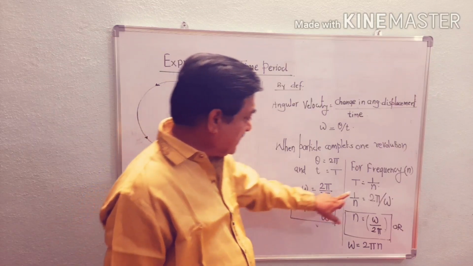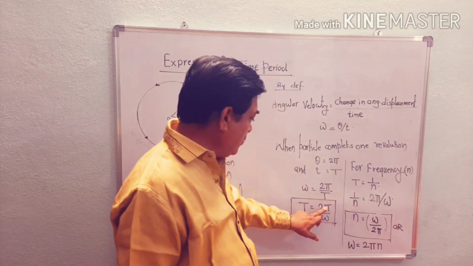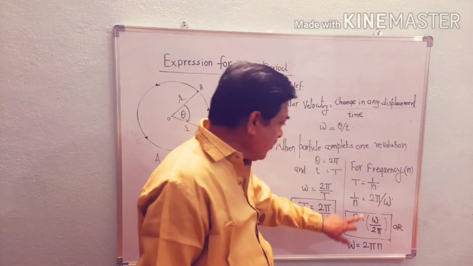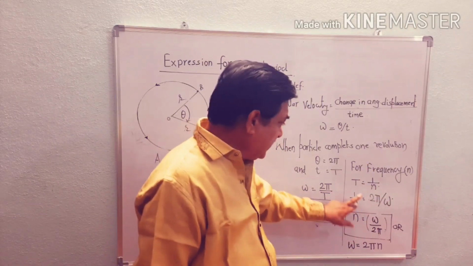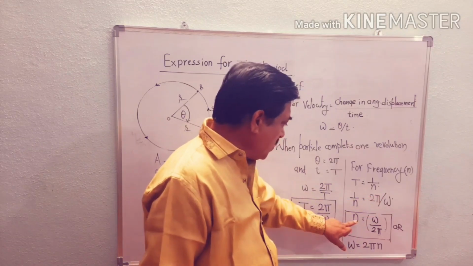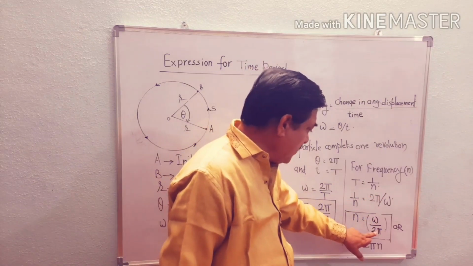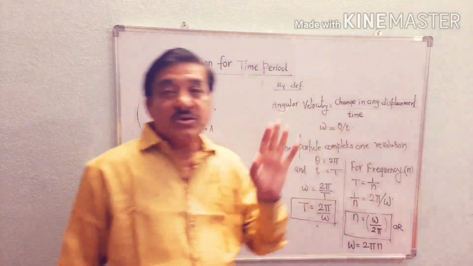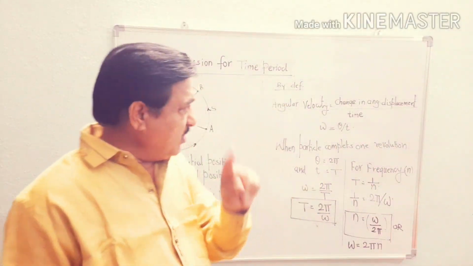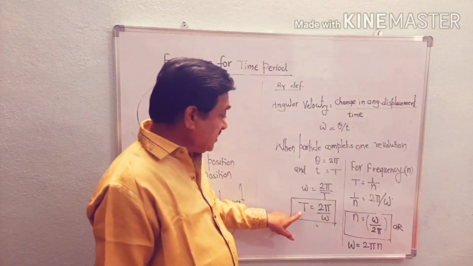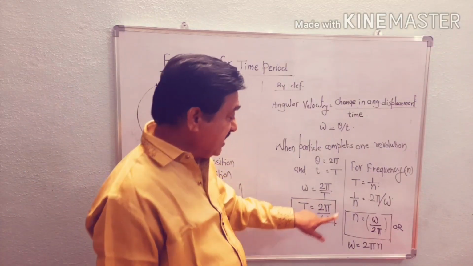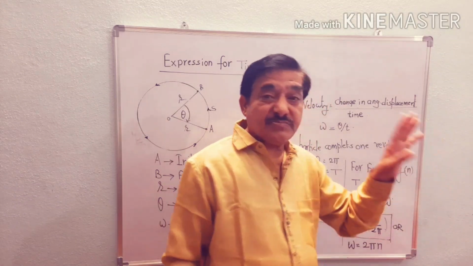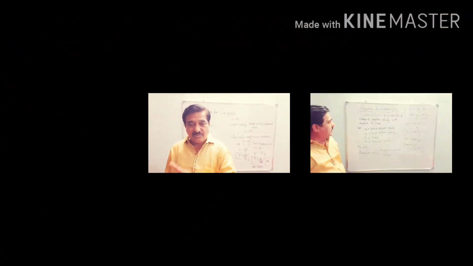So, T is equal to 1 by n and 2 pi by omega as it is. So, after reversing, n is equal to omega upon 2 pi and omega is equal to 2 pi n. So, this angular velocity can be expressed in terms of time period as well as in terms of frequency.